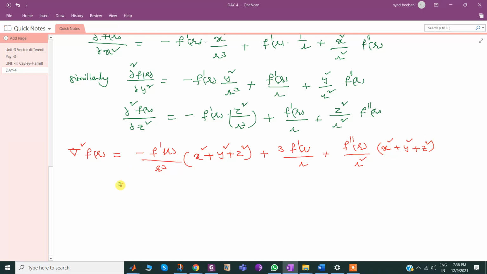So then here minus f'(r)/r³ times r², plus 3 times f'(r)/r, plus f''(r)/r² times r². I think I can cancel r², here also I can have only r.